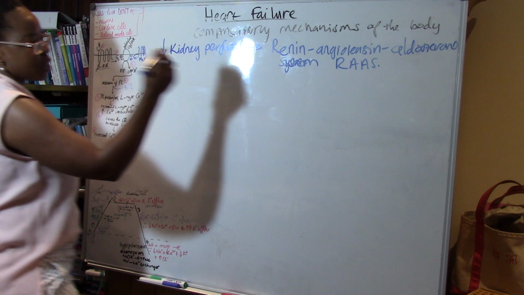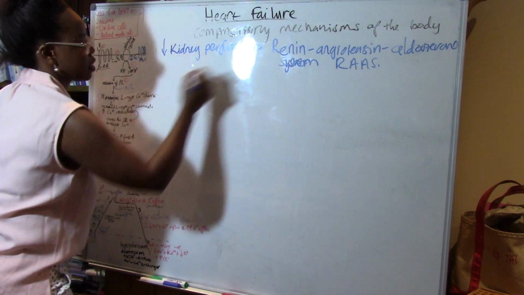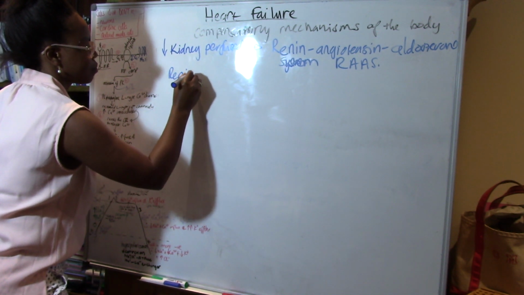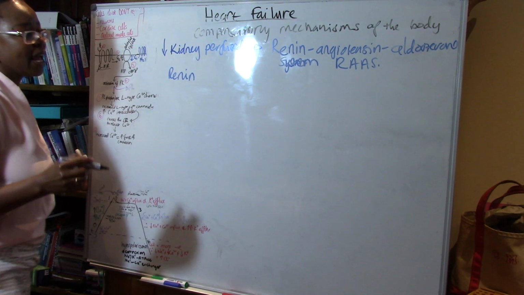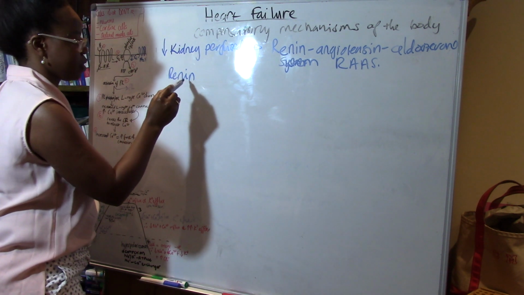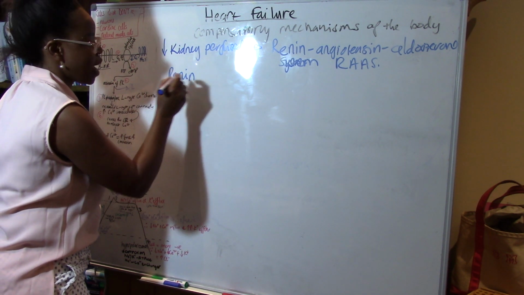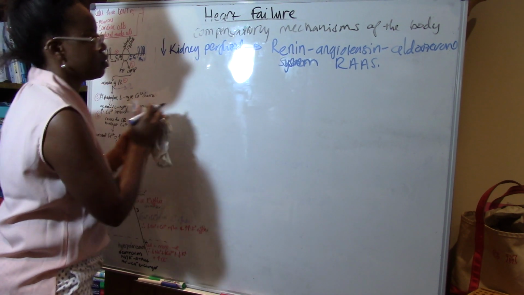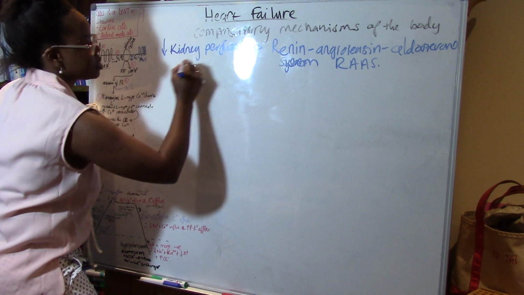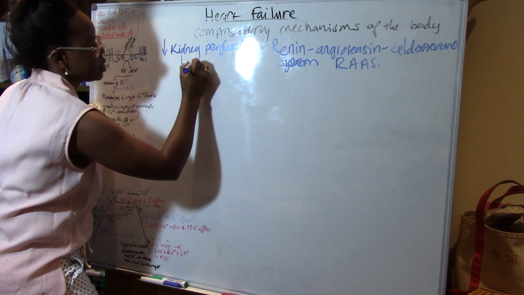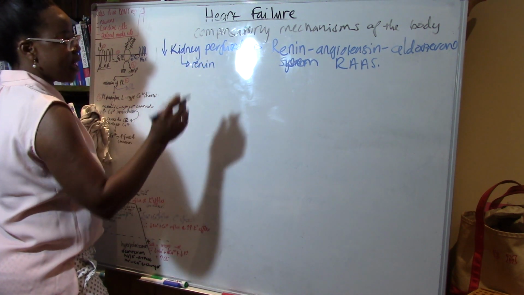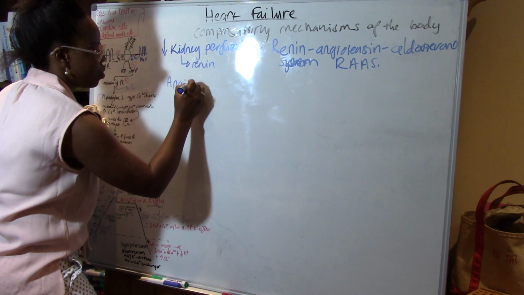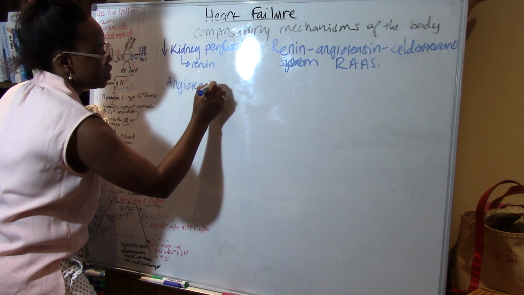So the kidneys will secrete renin. Renin is an enzyme. So the kidneys, as number one, will secrete renin, and then the liver will secrete angiotensinogen.